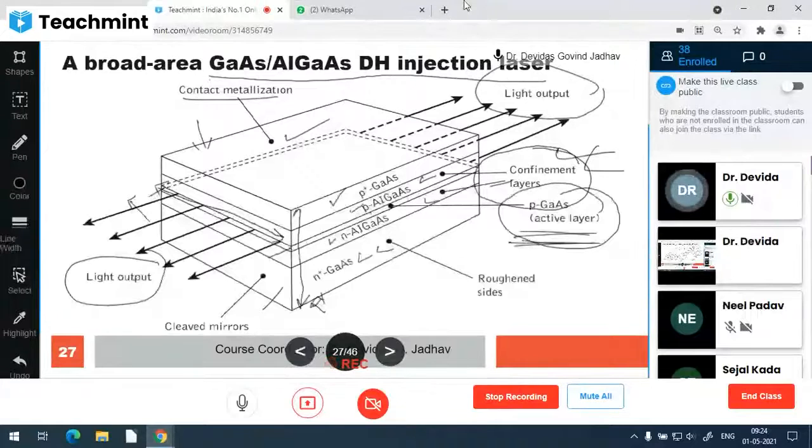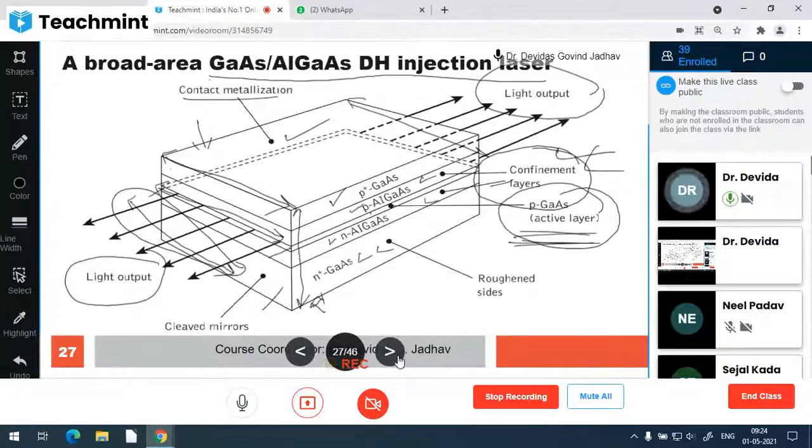Everywhere optical output is possible, isn't it? So optical output is possible in the total width. So this is the width of the device. Same is there on the other side. So in the active region, throughout the width, photon emission takes place.